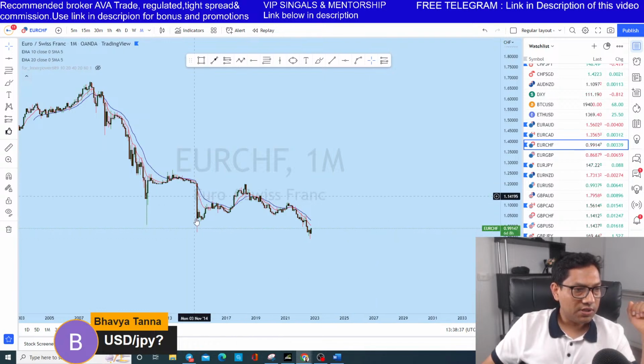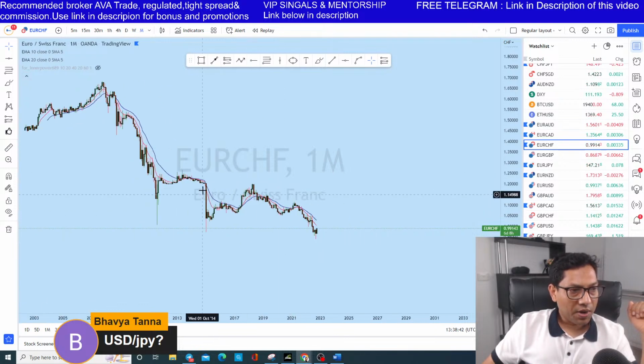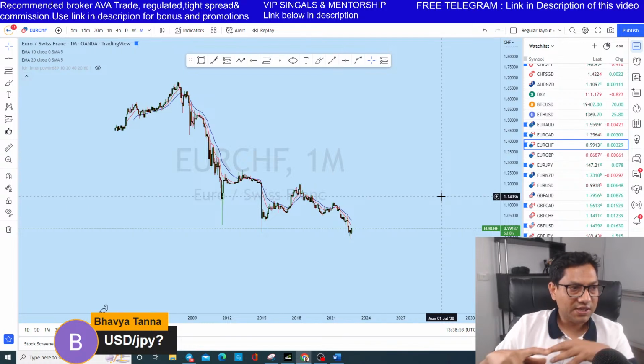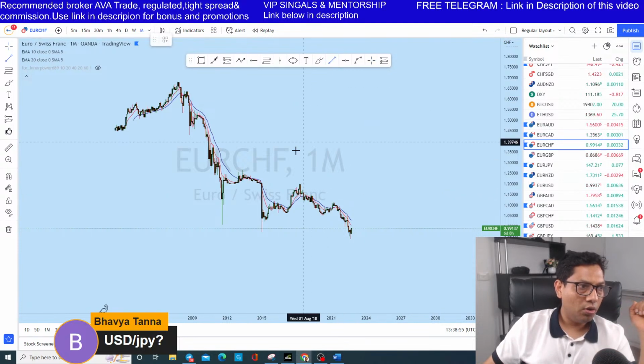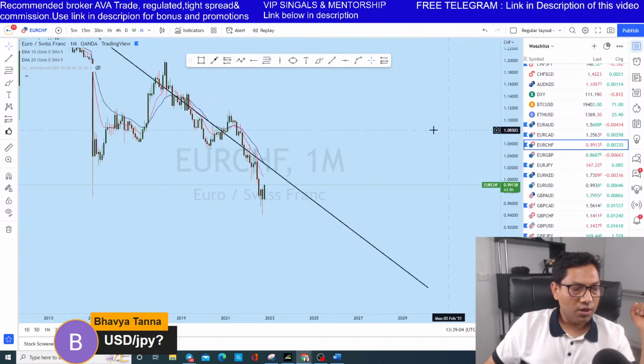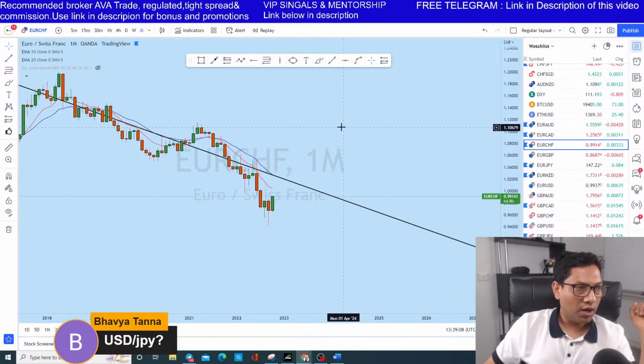There was a Euro CHF crash, and even the price has reached below this crash. Now we see some move. There is a term in trading called mean reversion tendency: when the price is at a low, it normally has a tendency to revert back to its average level. So with that being said, we could potentially see Euro CHF going up there.